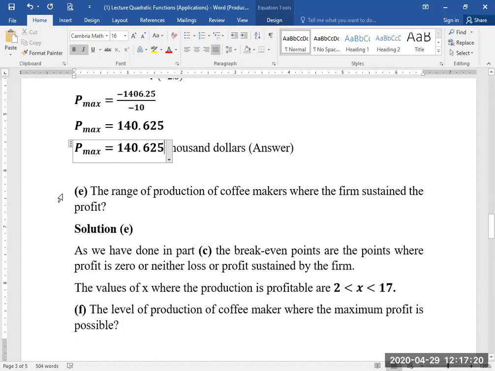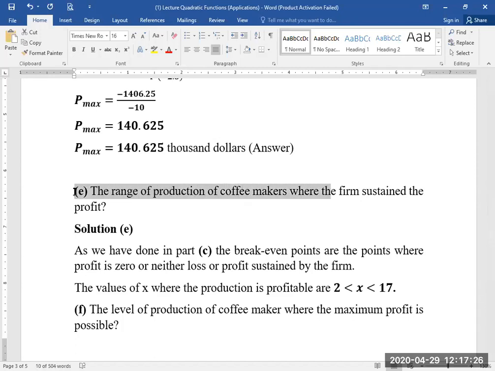Now moving towards part E, the range of production of coffee makers for which the firm sustains profit. We have to give the range from where the profit starts for the firm and before the other break-even point.